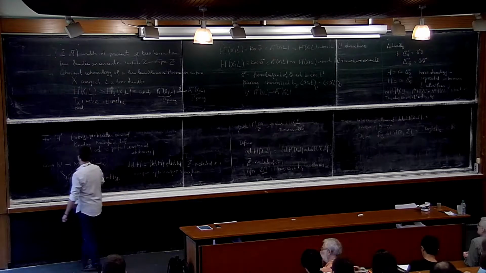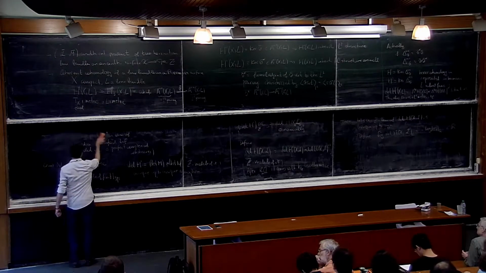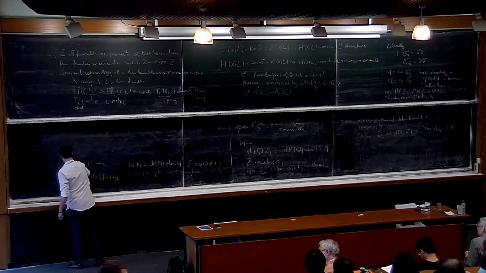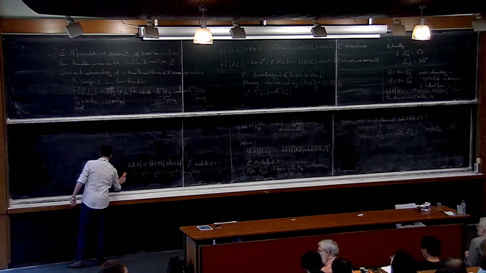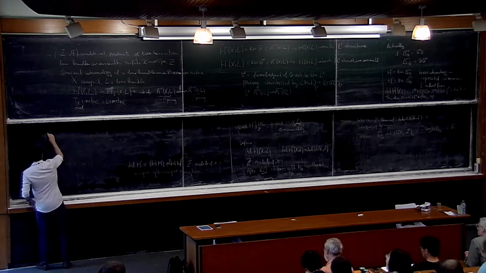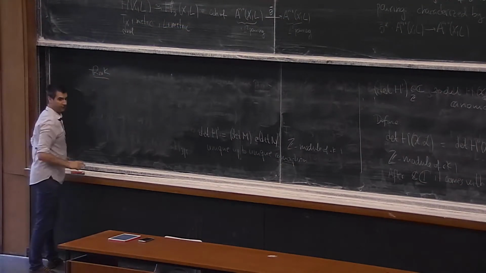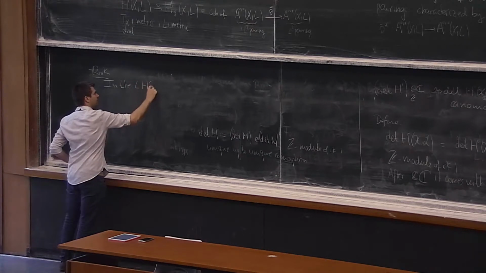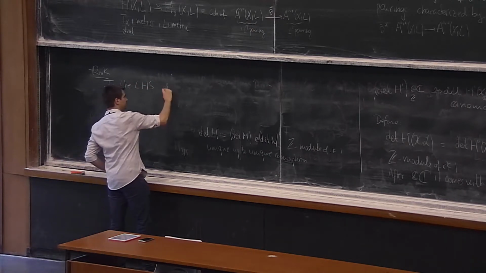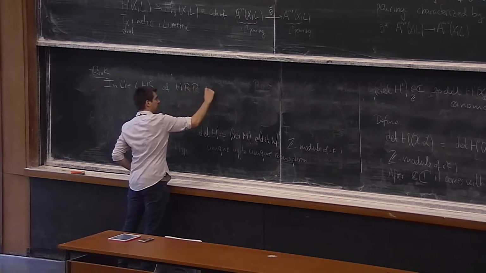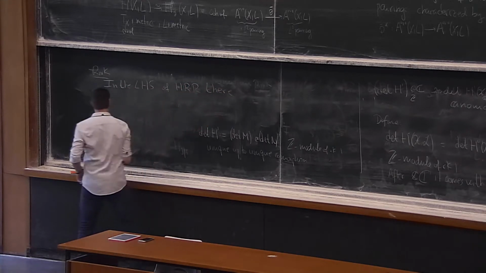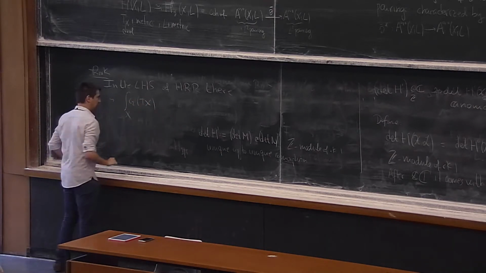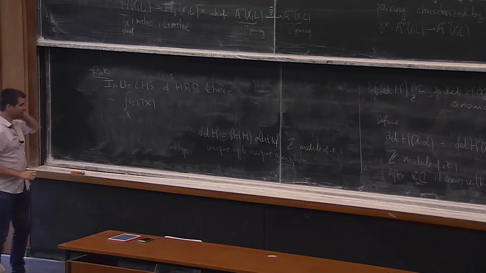So just a small remark of something I have not done already. So in the left-hand side of the Riemann-Roch theorem, there was this Euler class, in dimension 2.